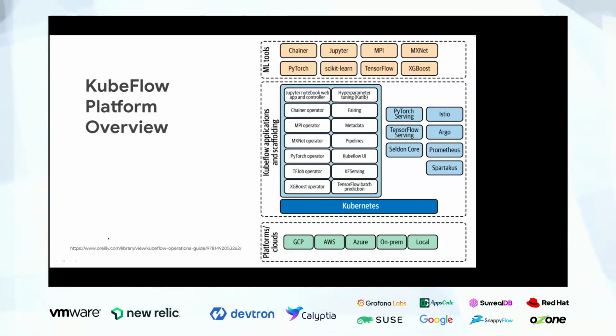And then last but not least, you have your platforms or clouds. It supports GCP, AWS, Azure, on-prem, or you can deploy it locally also. When installing Kubeflow on a public cloud, there are a few things you should be mindful of.